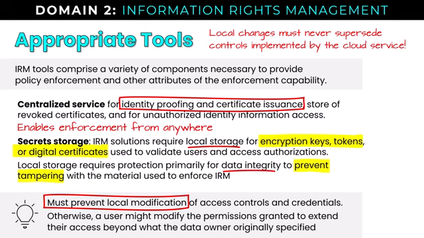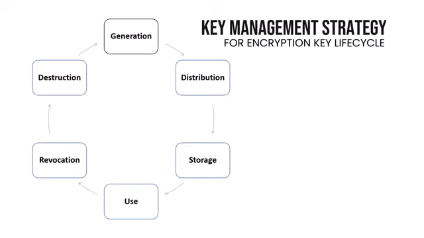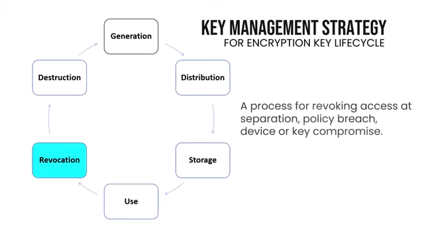Now, since certificate revocation was called out in the syllabus in section 2.6, I want to revisit the key management strategy for the encryption key lifecycle just to touch on certificate revocation, which we talked about a bit earlier. So the process for revoking access at separation, policy breach, device or key compromise happens in the revocation stage.